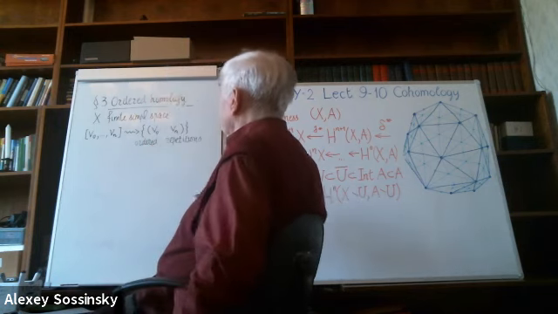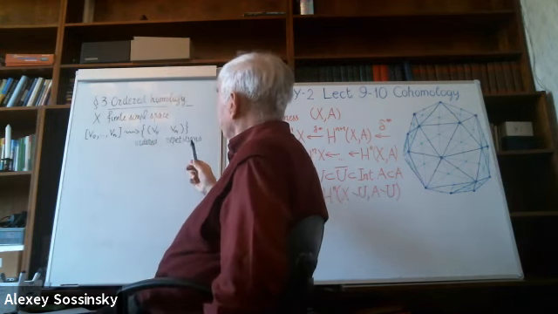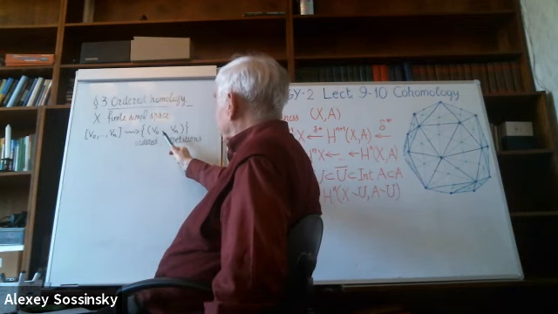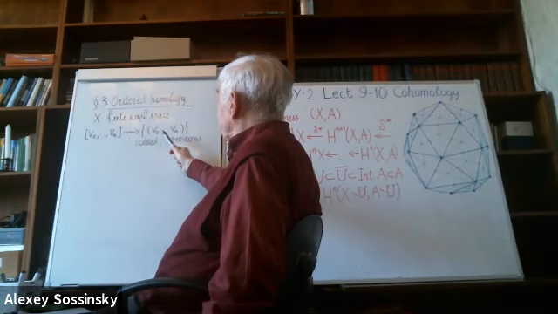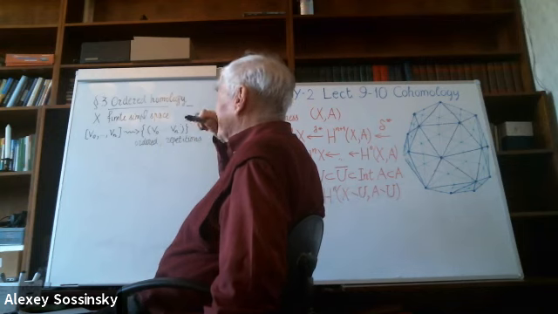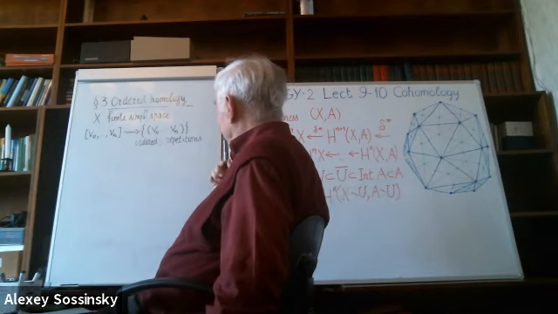For example, we have the n-dimensional simplex with vertices V0, V0, V0, V0, n plus 1 times, and this is still a simplex.